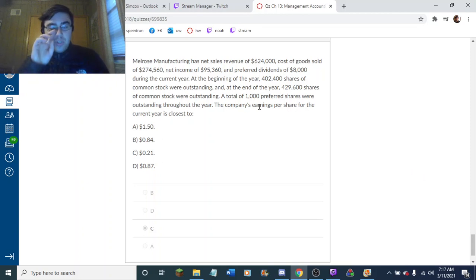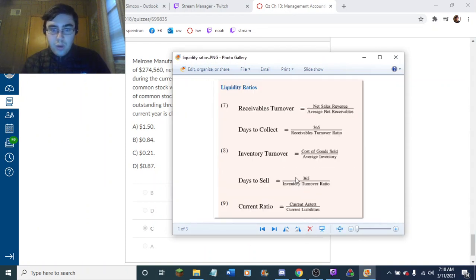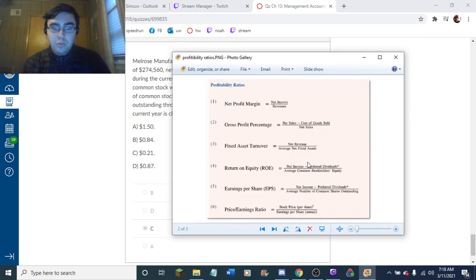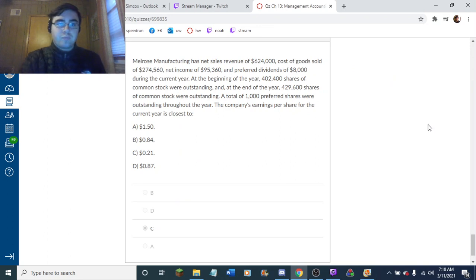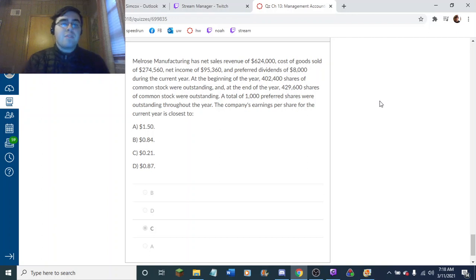Now, what are the earnings per share? Oh, no. How do I not have that here? Net income minus preferred dividends divided by average number of common shares outstanding. Preferred dividends. What does that mean? I'm guessing it's just the amount of money.